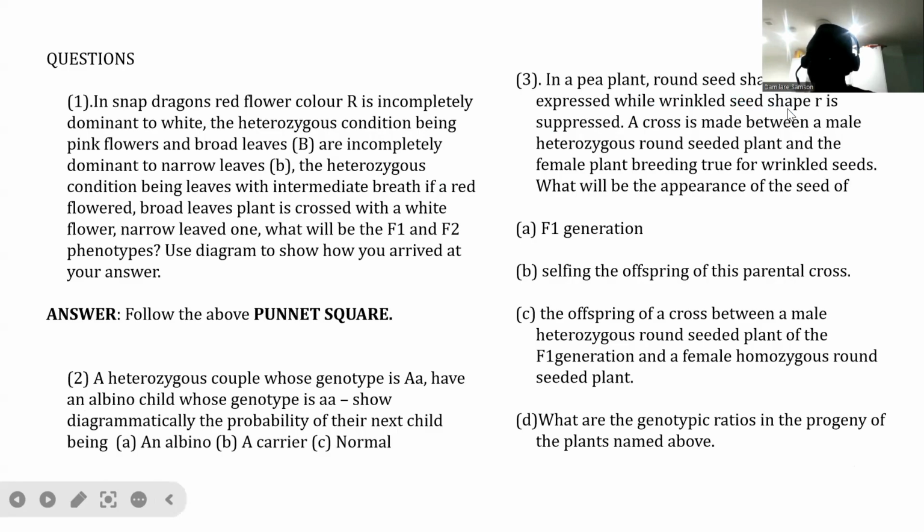While wrinkled seed shape, small letter r, is suppressed, which is the recessive gene. They now said a cross is made between a male heterozygous round seeded plant and the female plant breeding true for wrinkled seeds. What will be the appearance of the seed of the F1 generation?